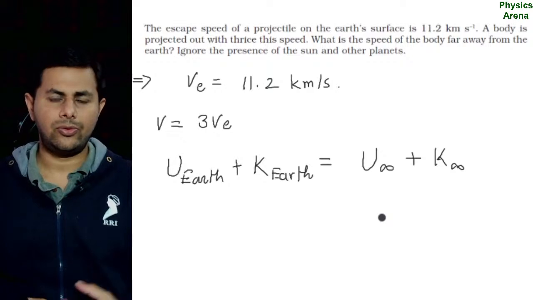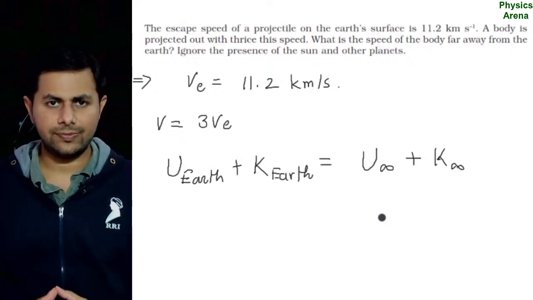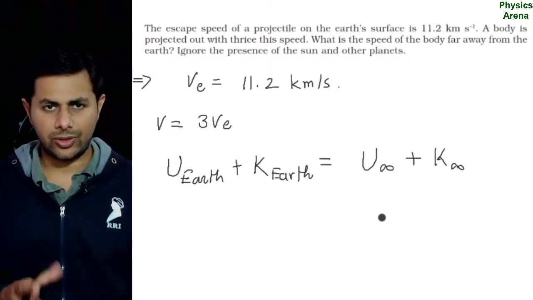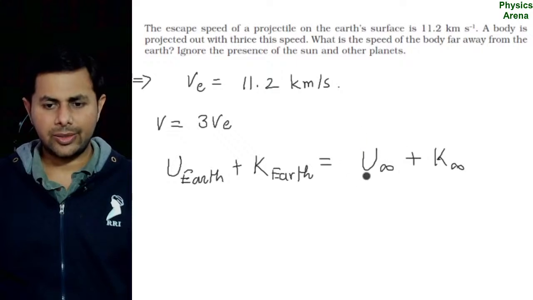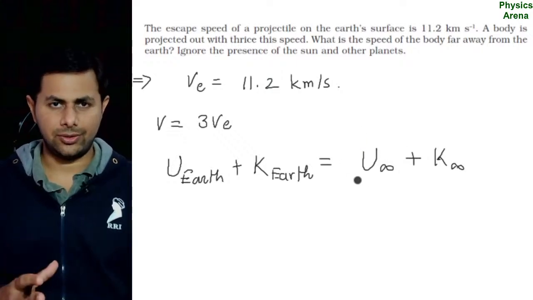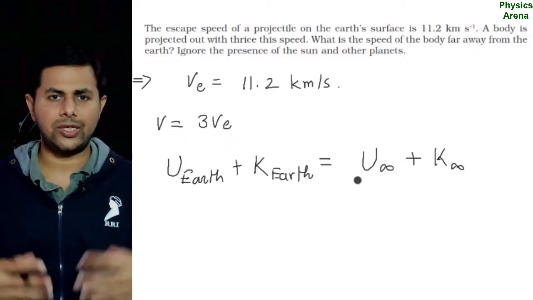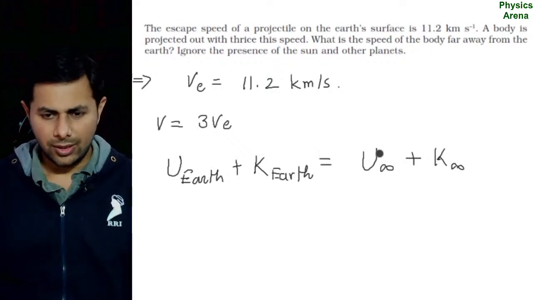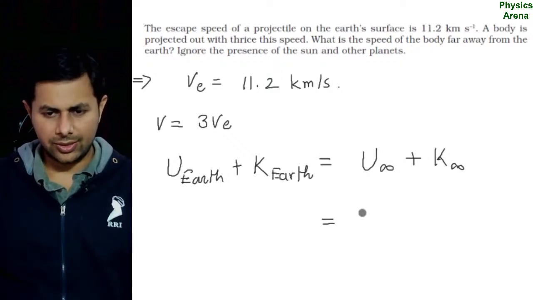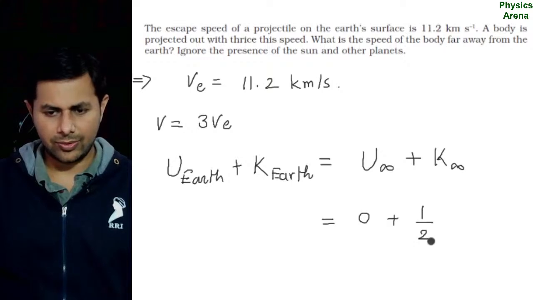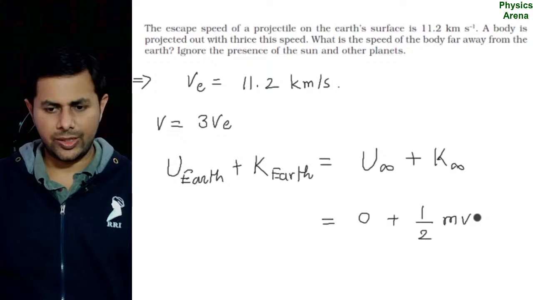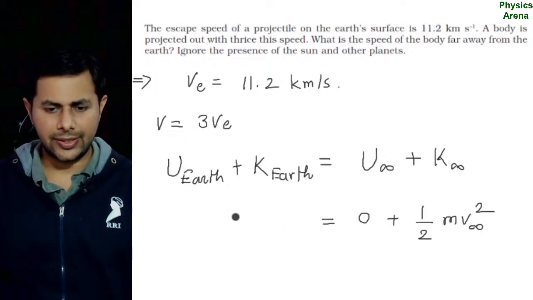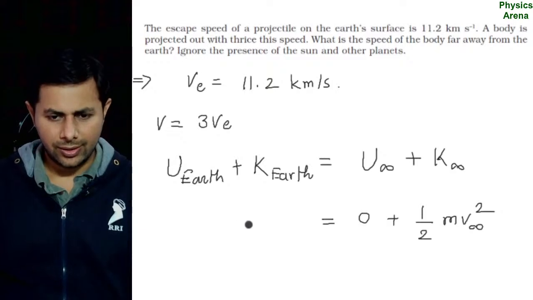We have found the formula for potential energy, which is minus GMm over r, considering the potential energy at infinity is 0. It is some constant and we consider it to be 0. So let's substitute that, plus here we'll have half of m times v at infinity squared, since kinetic energy is half of m v squared.